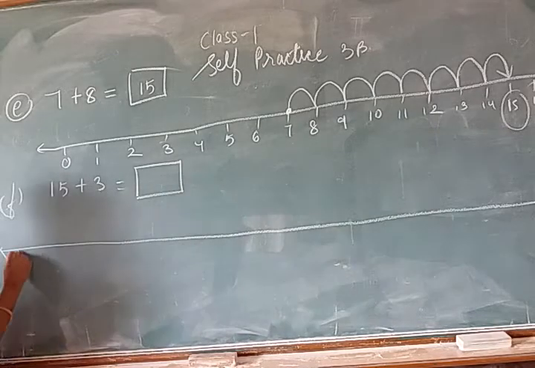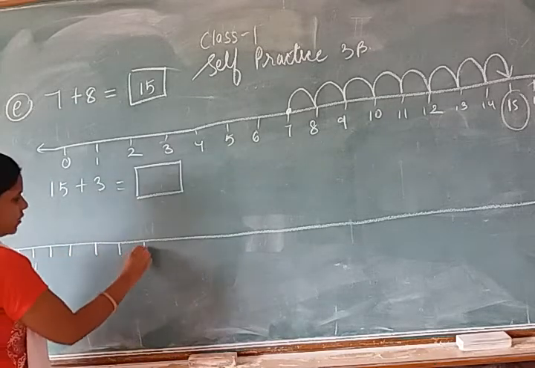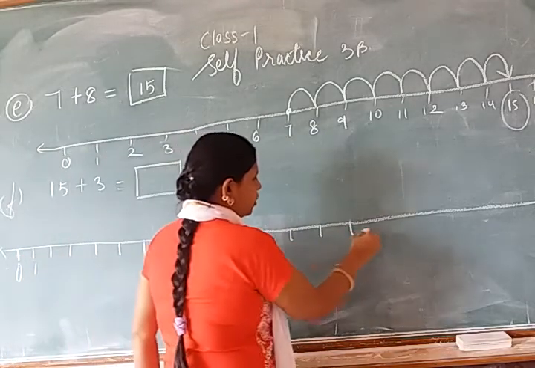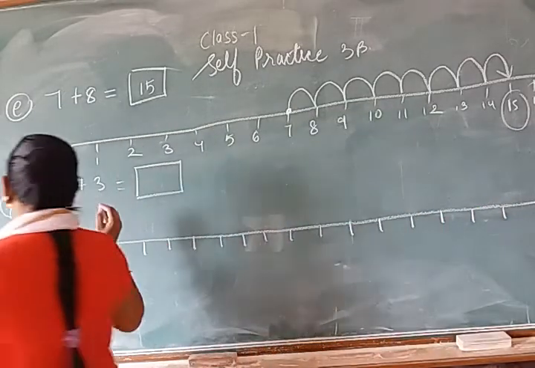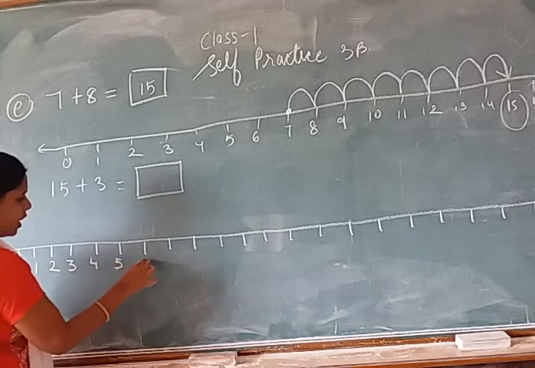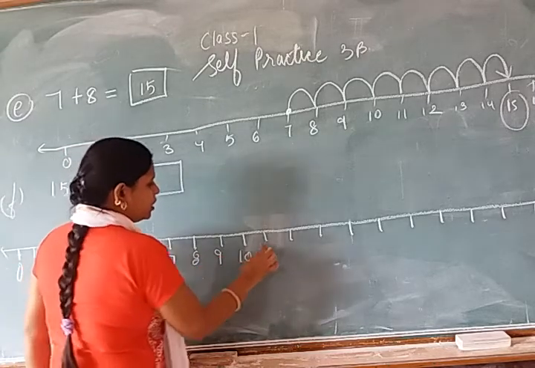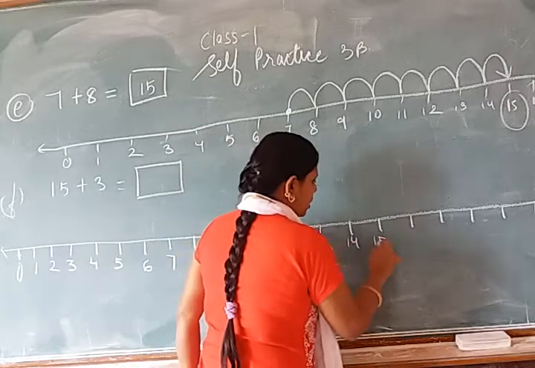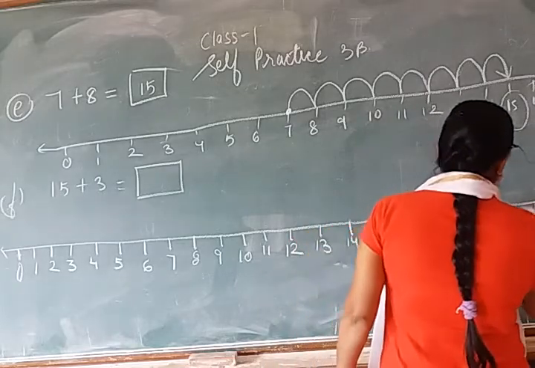Write numbers 0, 1, 2, 3, 4, 5, 6, 7, 8, 9, 10, 11, 12, 13, 14, 15, 16, 17, 18, 19 and 20.